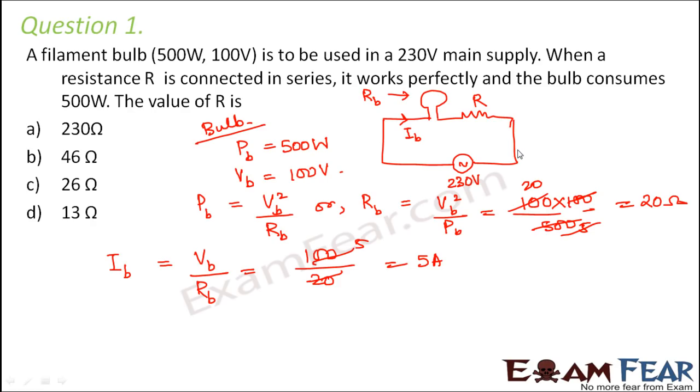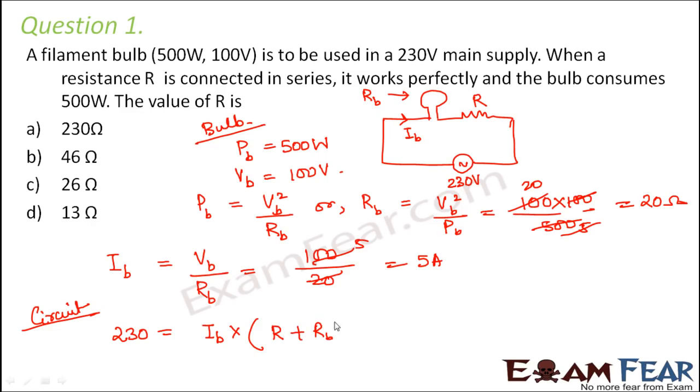Now let us focus on the overall circuit. Right now we are no more focusing only on the bulb. For the overall circuit, we can say that the voltage across the circuit is 230 volts, which is equal to I, the current flowing through the circuit, which is the same current flowing through the bulb, into the equivalent resistance of the circuit, that is R plus RB.